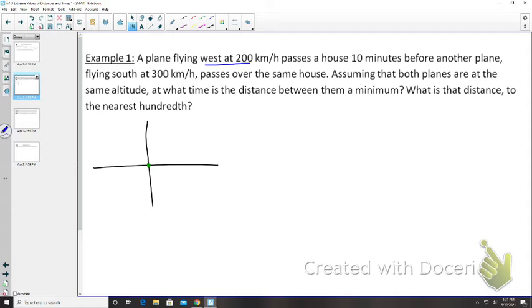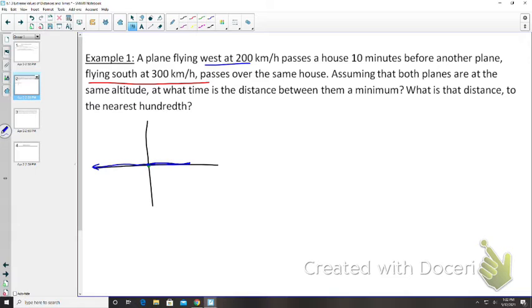So the blue plane passes the house and it continues to move, right? 10 minutes after the blue plane has passed the green house, the plane flying south, which is going to be my red plane, passes over the same house. So think of the plane flying west, it's just cruising, right?